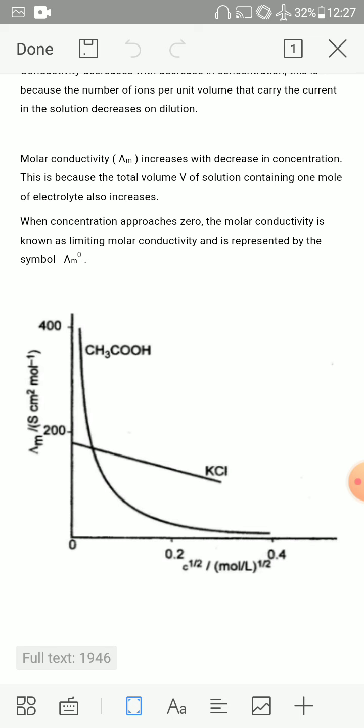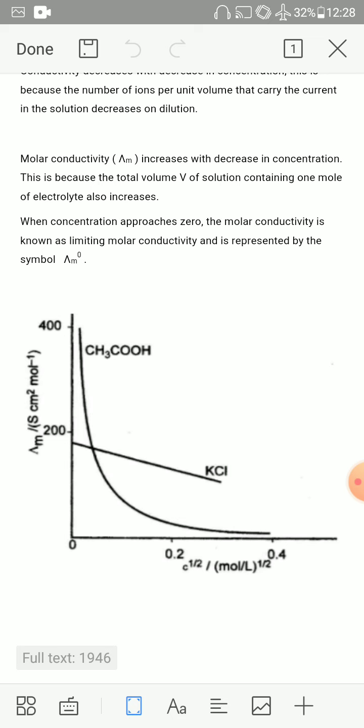In this one figure, two graphs are given. One is for a strong electrolyte, another is for a weak electrolyte. I think you have understood how the molar conductivity of weak and strong electrolytes decreases with increasing concentration. Similarly, you can say that with decreasing concentration, the conductivity of the solution increases.